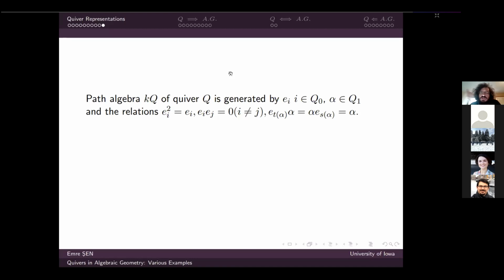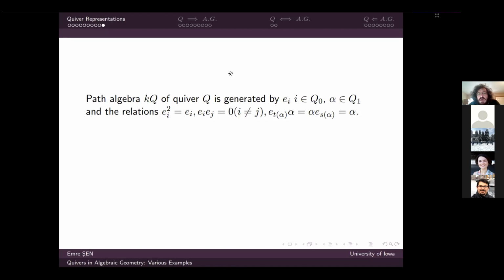On each node, we can consider these idempotent maps, right? e_i squared is e_i. And if they belong to different nodes, their composition would be 0. We are just considering this concatenation of the maps. And whenever we have a map, we just compose them, right?